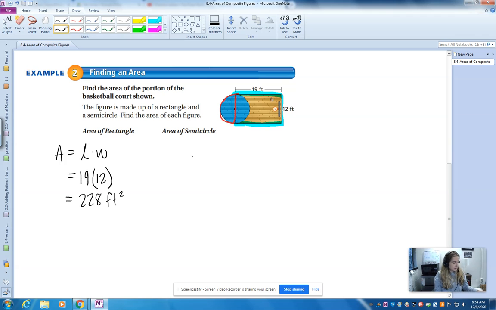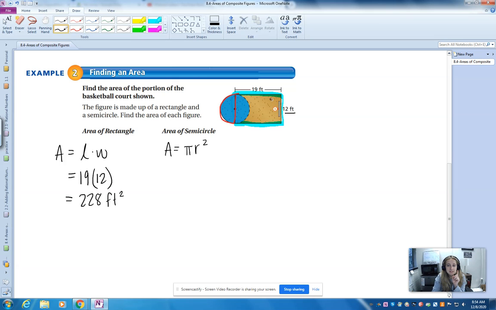Now let's talk about the area of a semicircle. Remember, the area of a circle in general is A equals pi r squared. So I need the radius. Nothing is even labeled on the circle, so I'm going to use my knowledge about the rectangle.